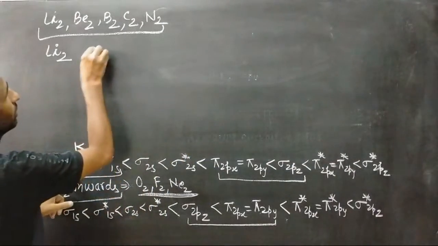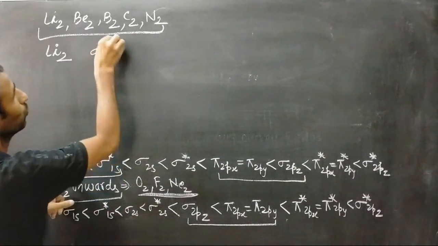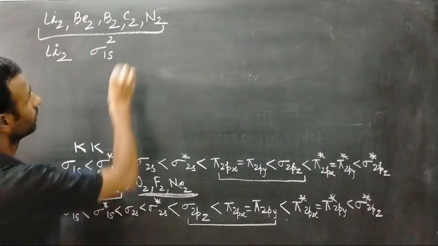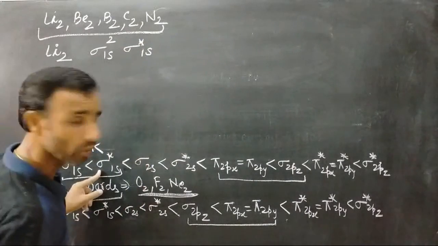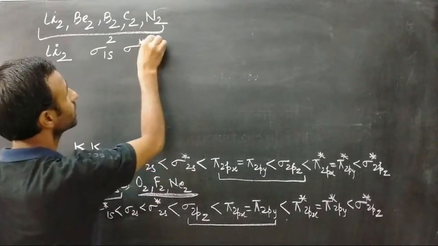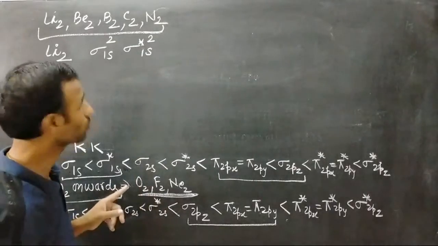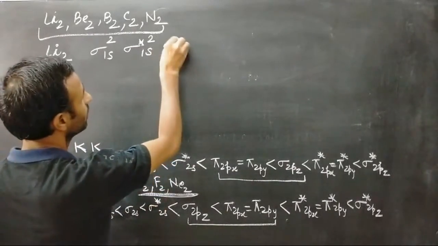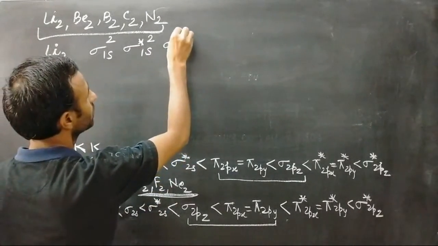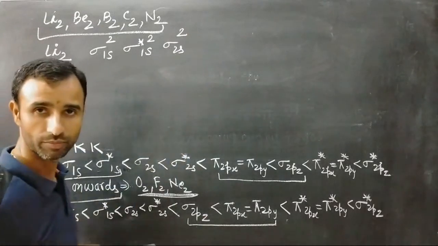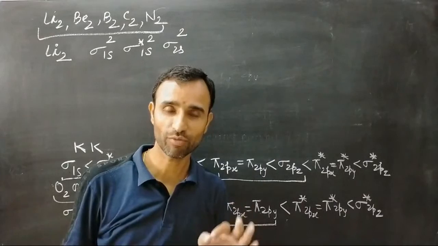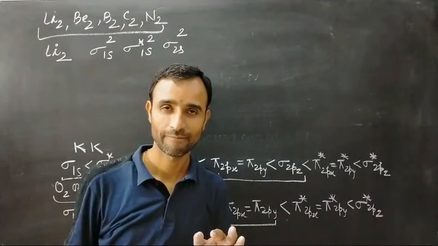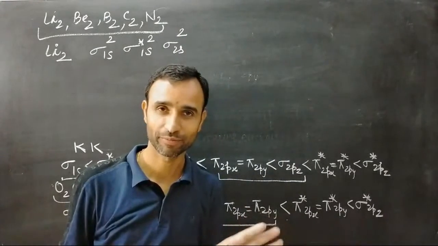Start filling. Sigma 1s 2, because each orbital can accommodate a maximum of 2 electrons. Sigma star 1s 2. Then sigma 2s 2. Complete. Any electron left? I think no electron left.